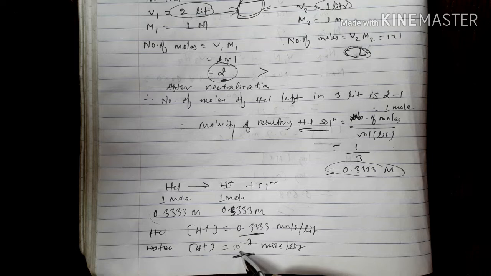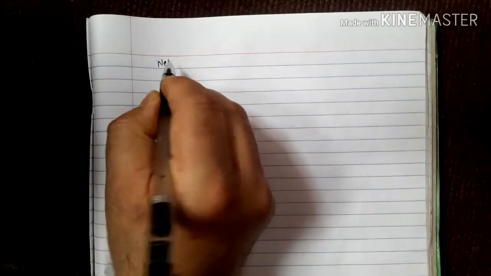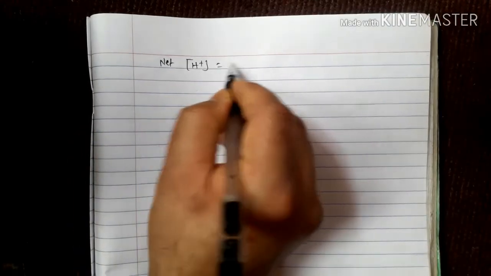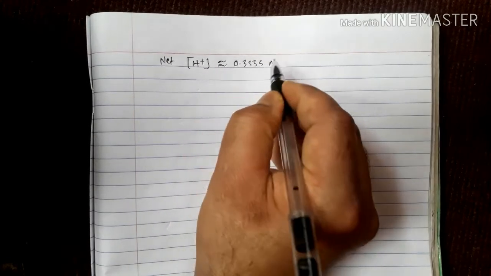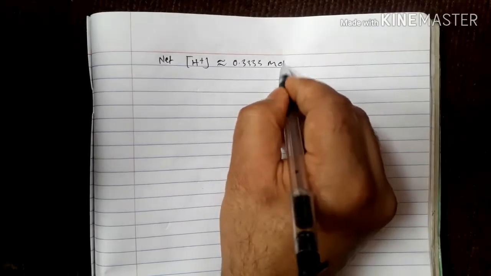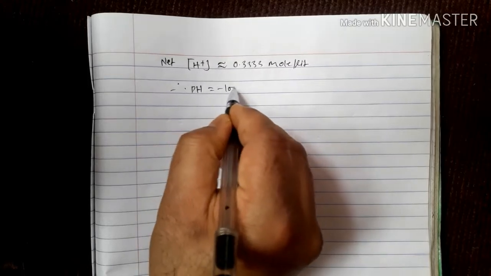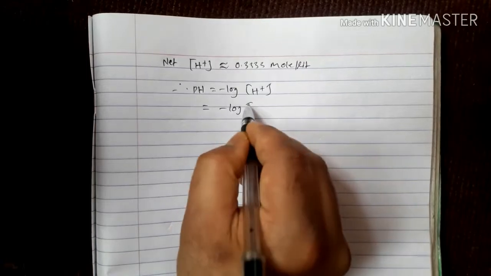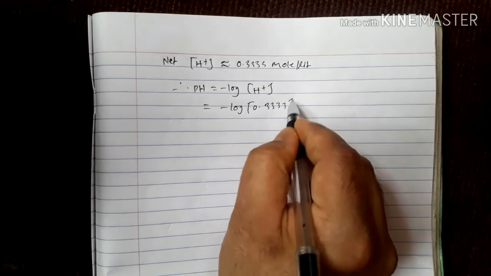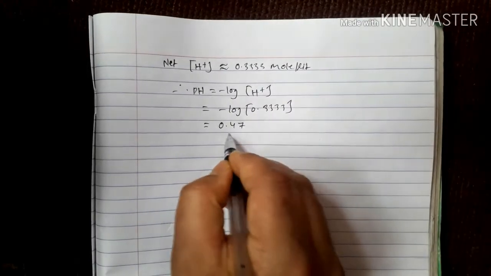That's why if you add these values to this value, there is no significant change. Therefore the net concentration of H plus ion is 0.3333 moles per liter. Therefore pH will be minus log of H plus ion, minus log 0.3333, the value is 0.47.